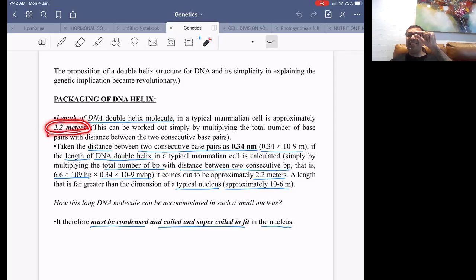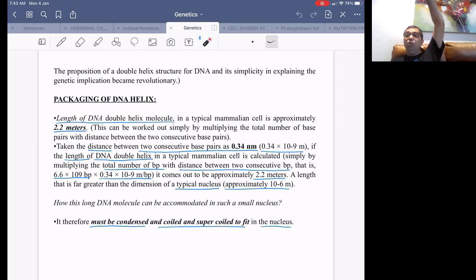Can you imagine? Your body has 100 trillion cells, and if you take the DNA out of the nucleus of a cell, it has a length of 2.2 meters. That is the length of the DNA. If you remove the DNA from all 100 trillion cells and put them in a straight line, it covers a distance from the earth to the moon.